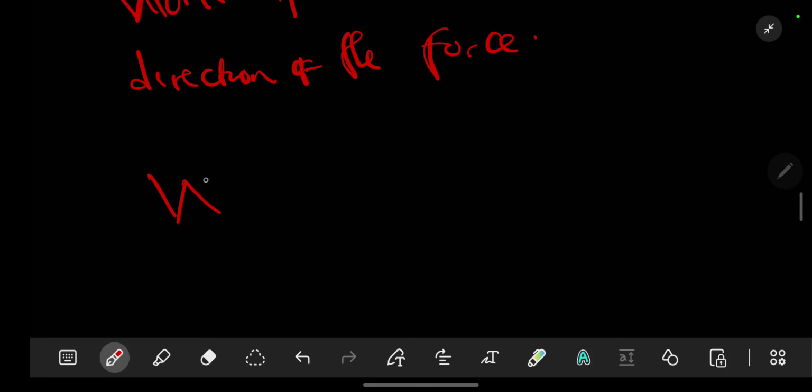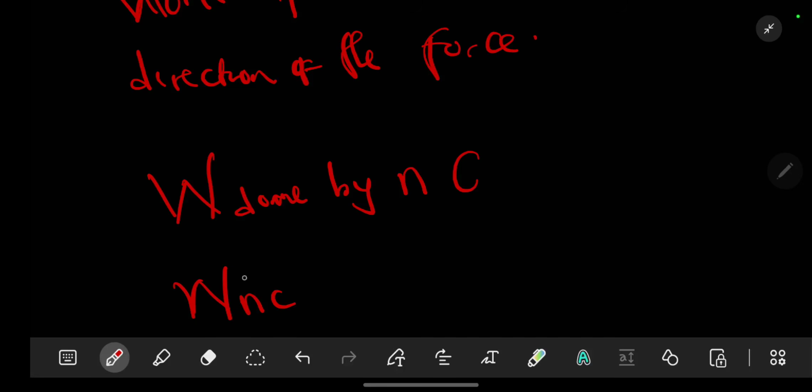So for work, if there is a non-conservative force, we say work done by a non-conservative force, so NC, is equal to the change in the mechanical energy like that.